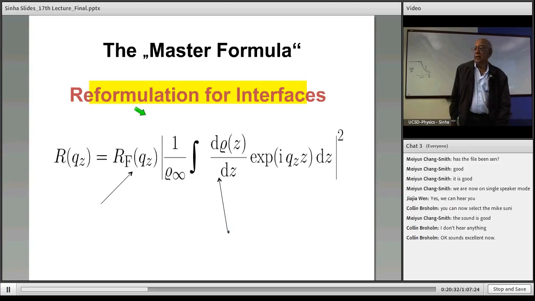Okay, so the question is, how is this formula derived?